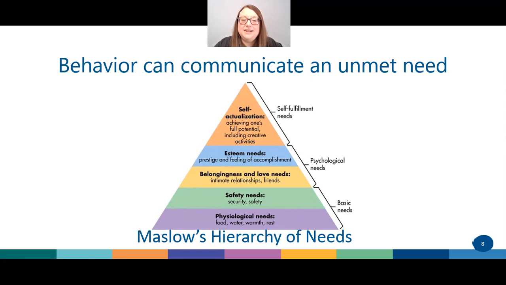So after a human being's physical needs are met, once somebody is feeling fairly safe in their environment, the next need that seems to pop up is the need for belongingness and love. So to have relationships with friends and with family comes next once safety and physical needs have been met.